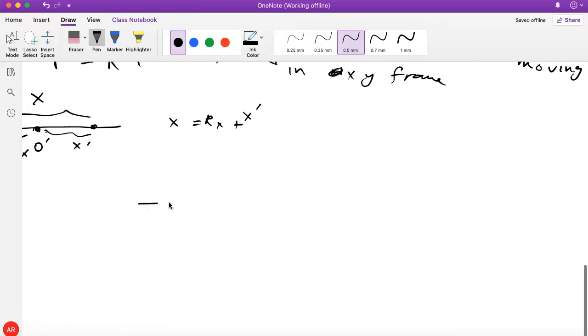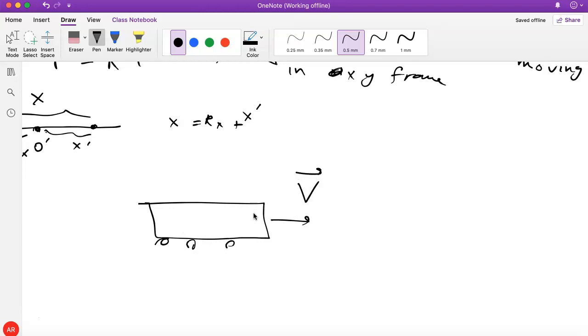As an example, consider a train that's moving with some velocity, and then someone inside the train throws a ball, and that ball, from the point of view of this passenger, is moving with some velocity v prime, which means relative to the walls and floor of the train.